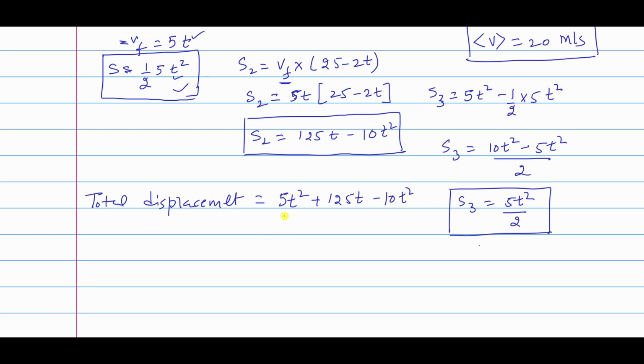And what it will become? It will be 125t minus 5t square. This is our total distance.